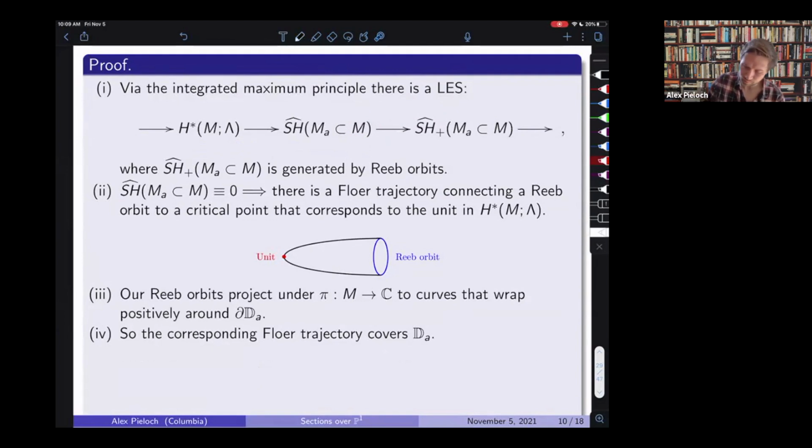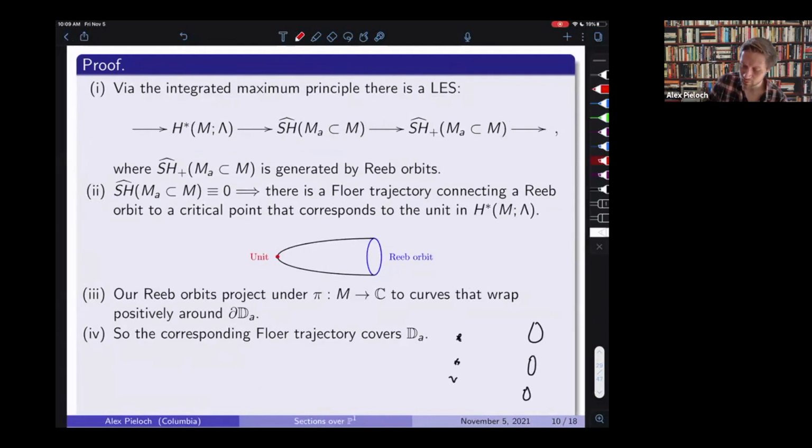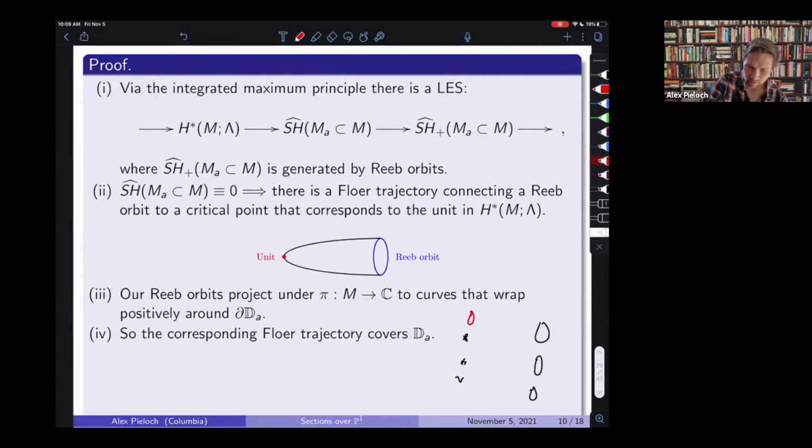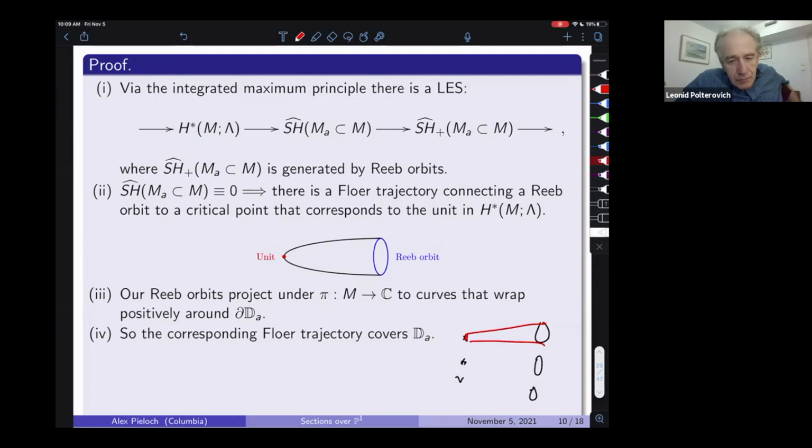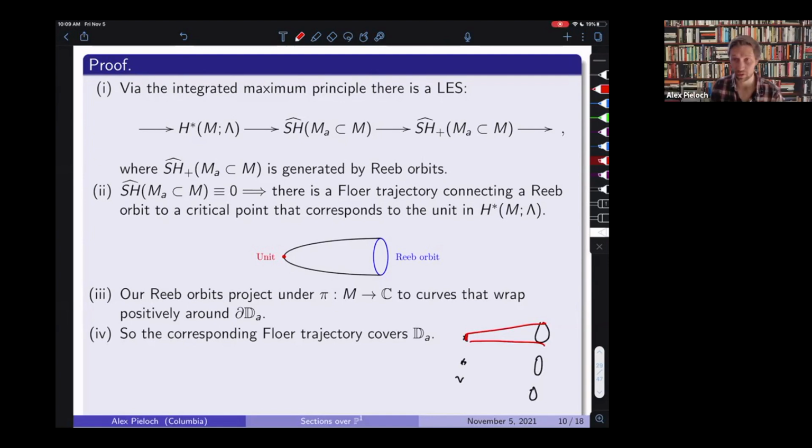So you have critical points inside, and then you have Reeb orbits, and you want to rule out Floer trajectories that have positive end starting at a critical point and go out to some Reeb orbit near the boundary. You always want, in my convention, to go from right to left. So I just use the integrated maximum principle to rule out Floer trajectories going in the wrong direction.